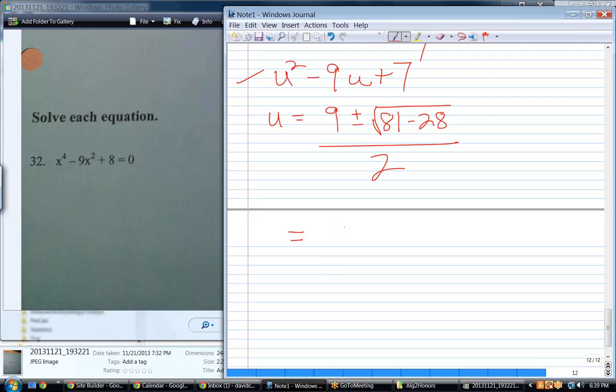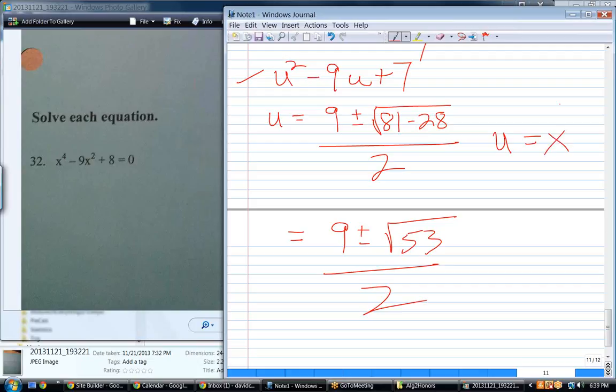So this becomes 9 plus or minus the square root of, what is that, 53, over 2. And u is equal to x squared. So when I solve for x, what is x going to be equal to?